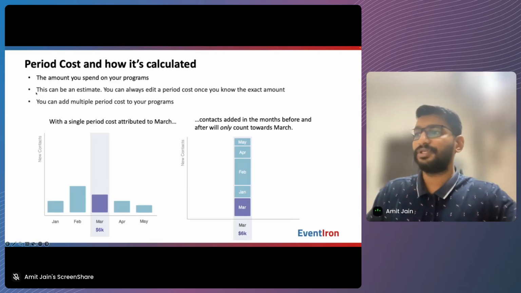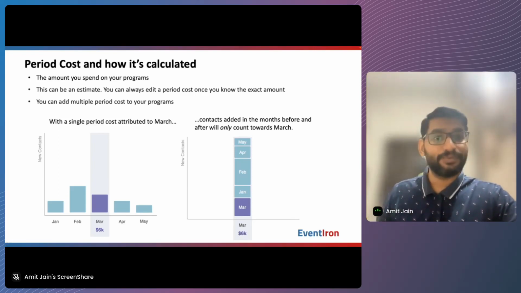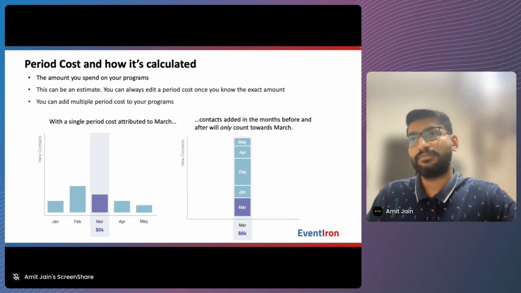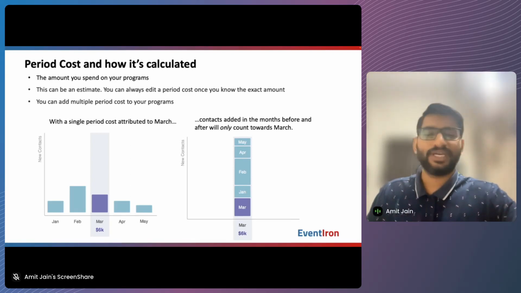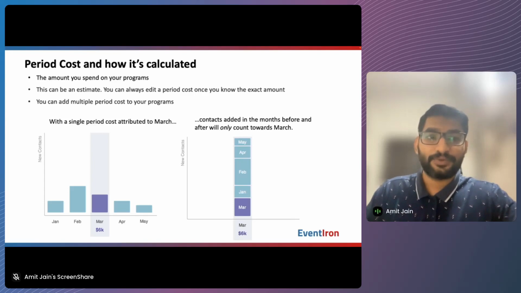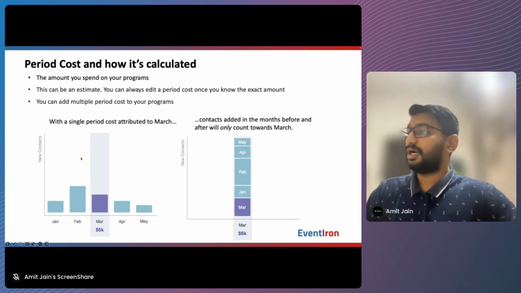So if you have period cost, you will be able to calculate all these things. Otherwise, if you have zero period cost or no period cost defined, zero could work. But if you don't have any period cost defined at all, then you might not be able to get that kind of reporting from Marketo. Okay.